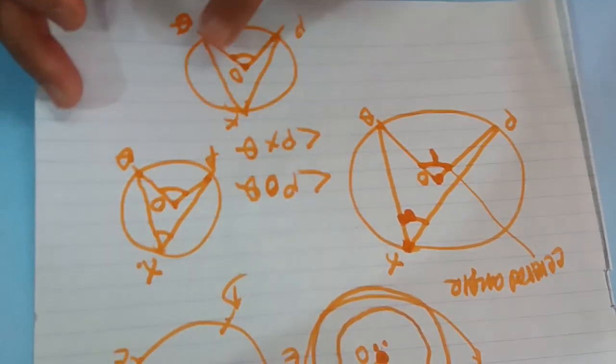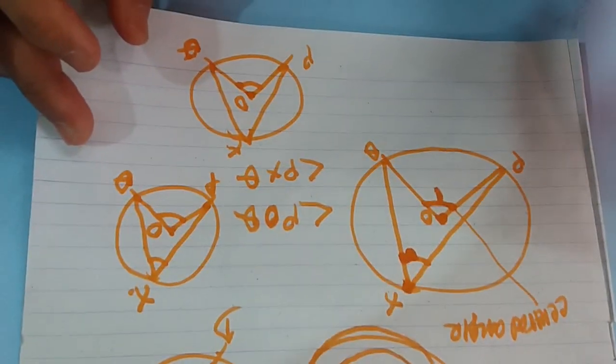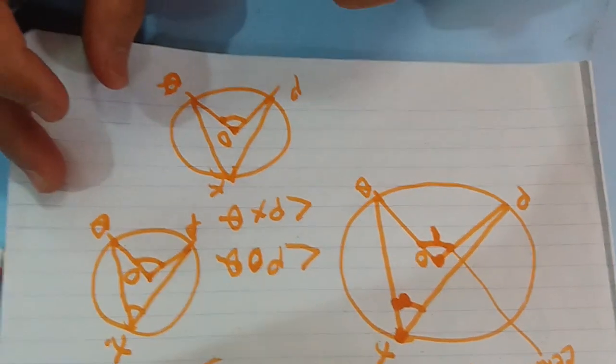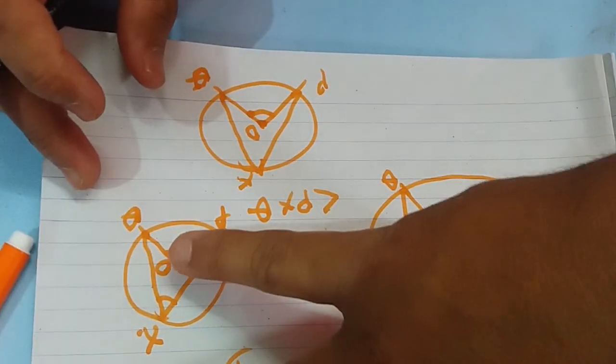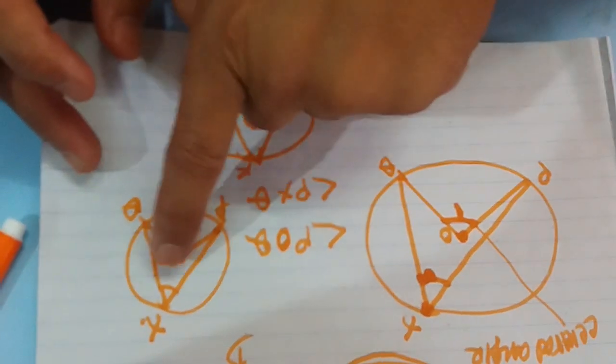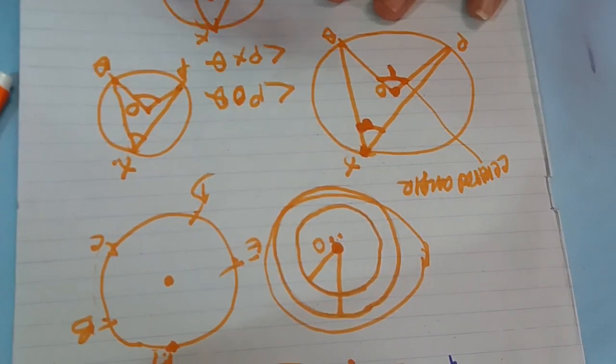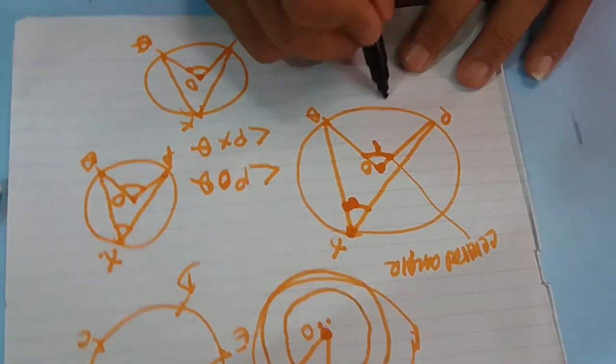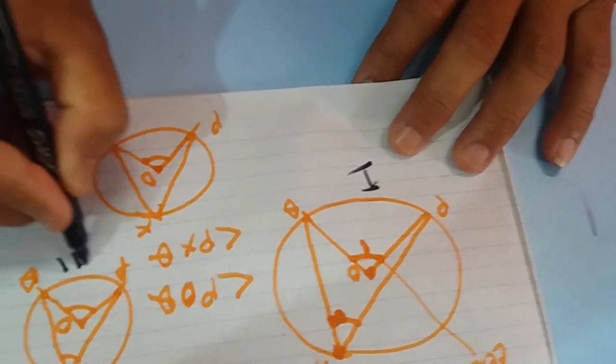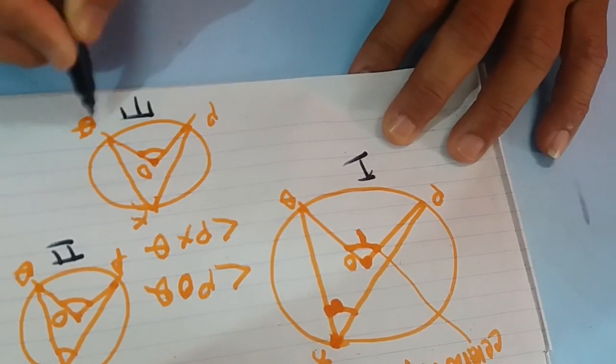So after drawing 3 different figures, if it is already indicated that 2 figures are necessary, then no need to draw 3 figures. You can draw 2 figures. But here I have given it in the general form. So I have drawn 3 figures, figure number 1, figure number 2, figure number 3.